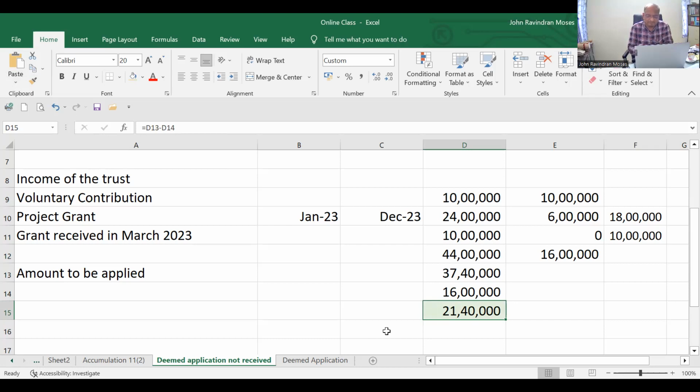In other words, by filing Form 9A, government says so much of the amount that you could not apply for a valid reason, you can spend in the next year, and I will allow that as application to you. So this is one.